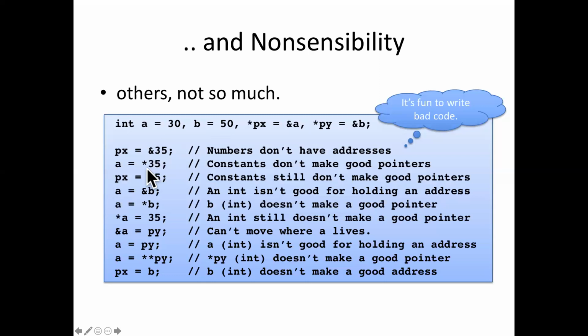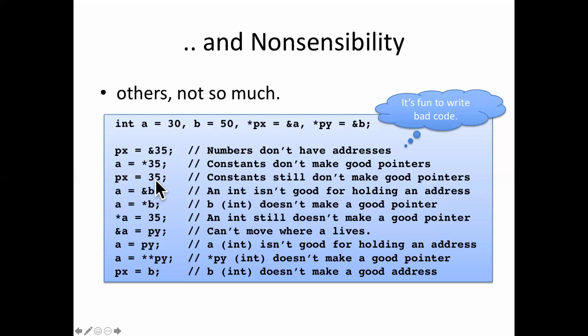Next line. Here I'm trying to take a number and dereference it. Well, pointers are numbers, but the compiler doesn't like you taking just a constant and pretending it's a pointer. For one thing, it wouldn't even know what type of pointer it's supposed to be. So you can't dereference a plain old number, you have to dereference a pointer unless you're willing to do some casting. Same kind of thing is happening on this next line, it's just in a different form.